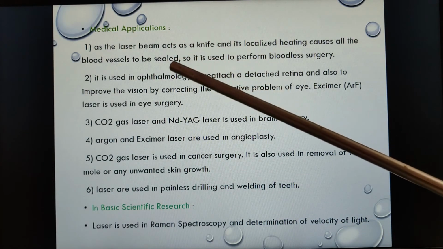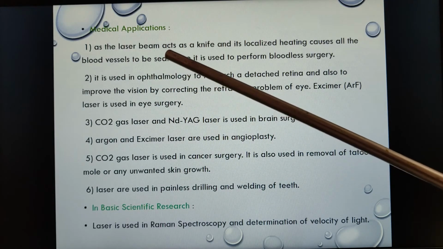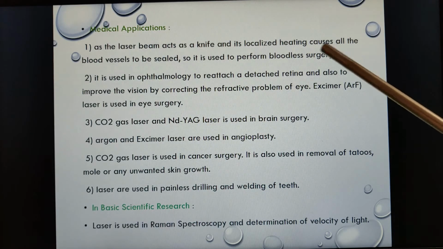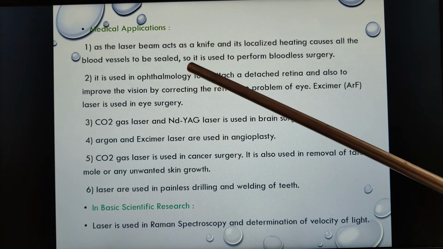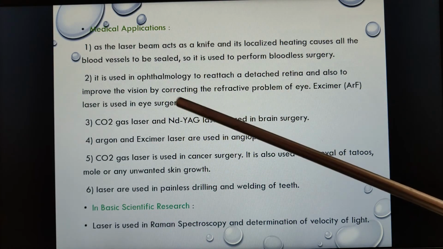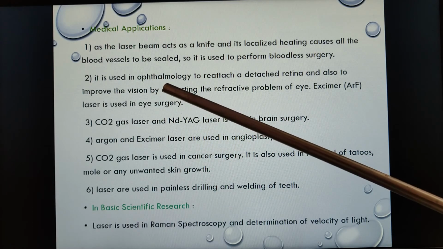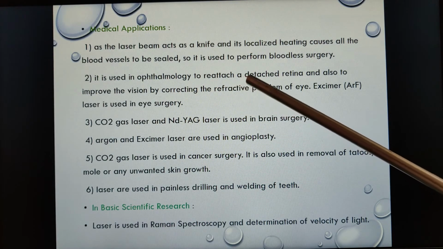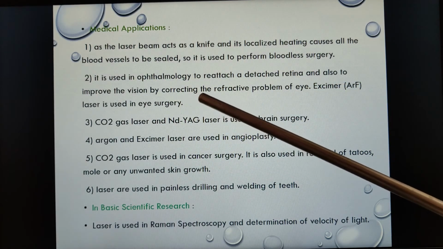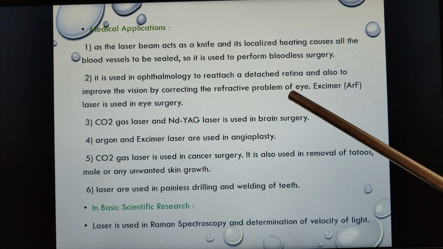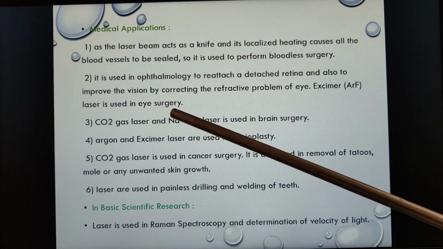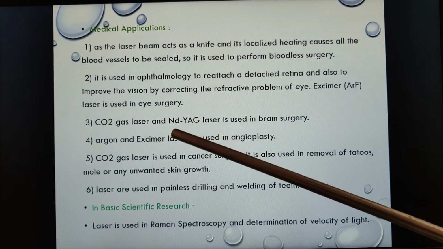Then medical applications. First, the laser beam acts as a knife and its localized heating causes all the blood vessels to be sealed, so it is used to perform bloodless surgery. Second, it is used in ophthalmology to reattach a detached retina and also to improve vision by correcting refractive problems of the eye. Excimer ArF laser is used in eye surgery.